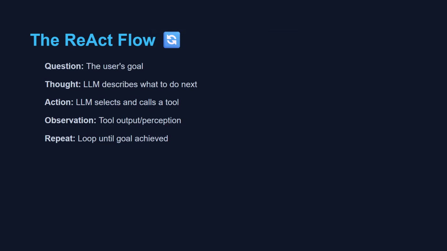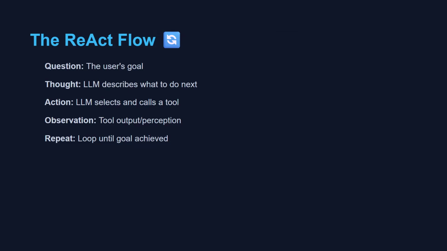Then we have thought, where the LLM describes what it needs to do, and then the action, where the LLM selects a tool to call, and then observation, where the output of that tool, normally the perception, is returned, and then repeat. So the LLM looks at the observation and starts a new thought.